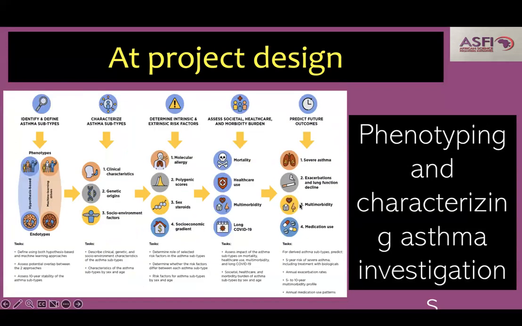This other one, this is a current project I'm working on, phenotyping and characterizing asthma investigation. All right. So we want to identify phenotypes of asthma. And when we have done that, we'll characterize their subtypes and investigate their clinical characteristics, genetic characteristics, socioeconomic characteristics.